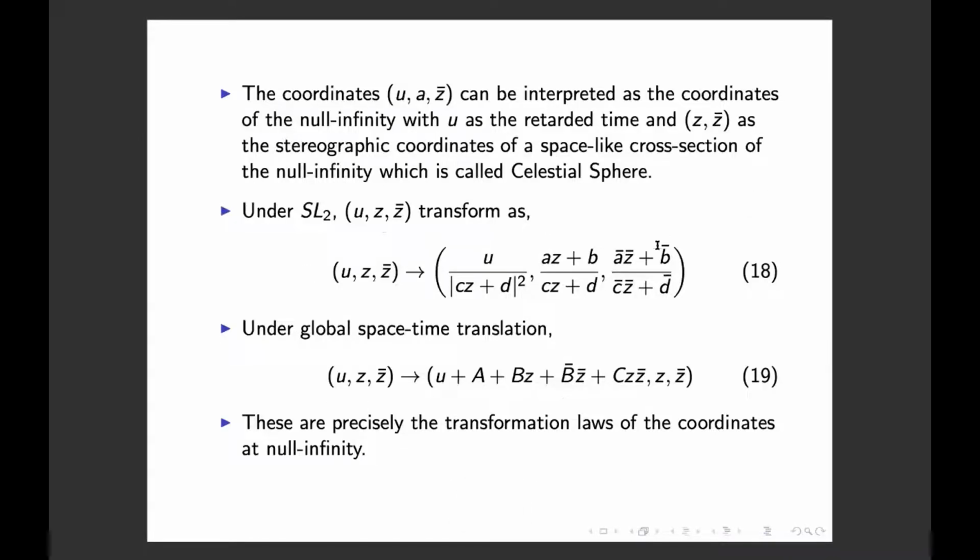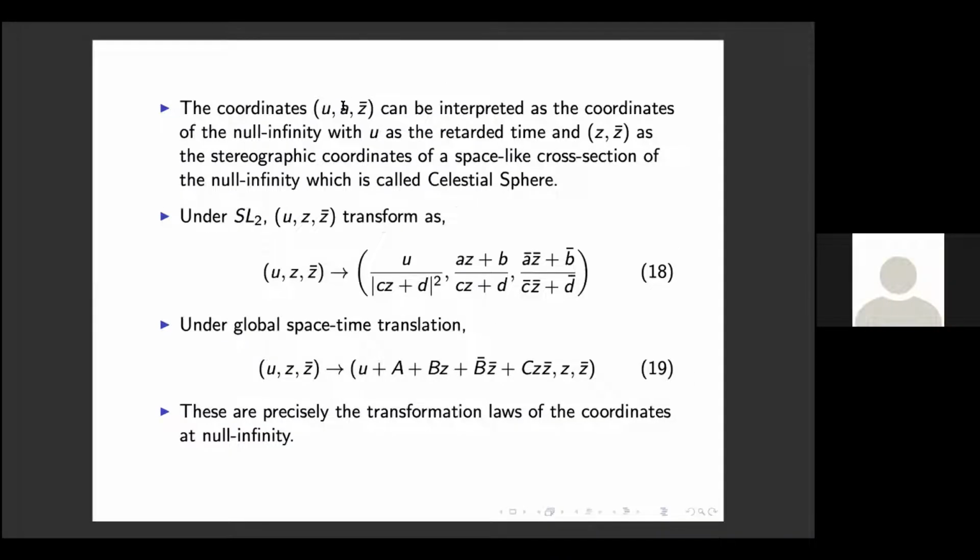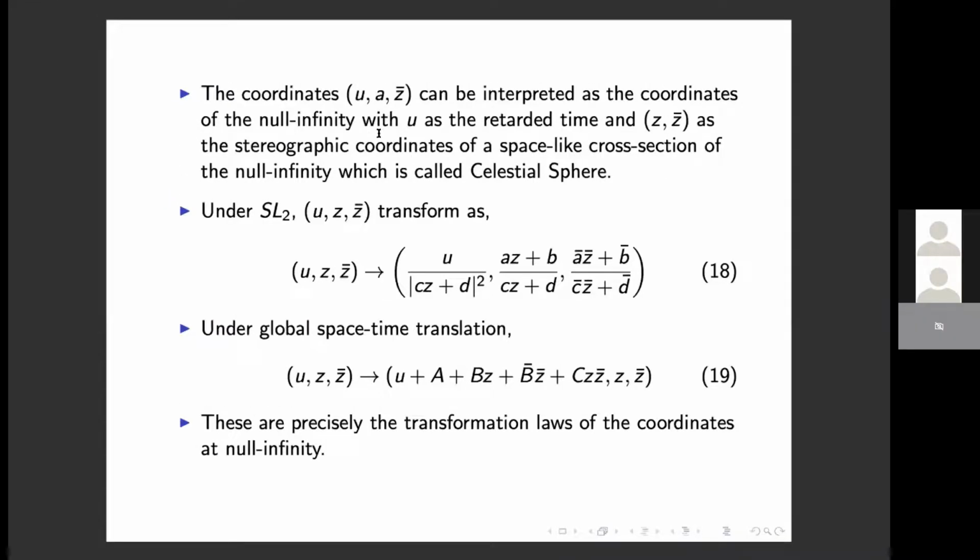Okay, so this is a typo, this should be U Z Z bar. You can see that U Z Z bar can be interpreted as the coordinates of null infinity, with U as the retarded time and Z Z bar as the stereographic coordinates of a space-like cross section of null infinity, which is called the celestial sphere.